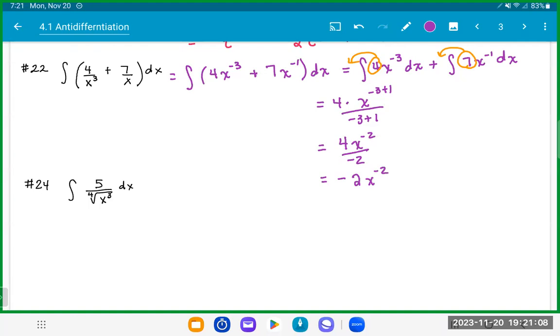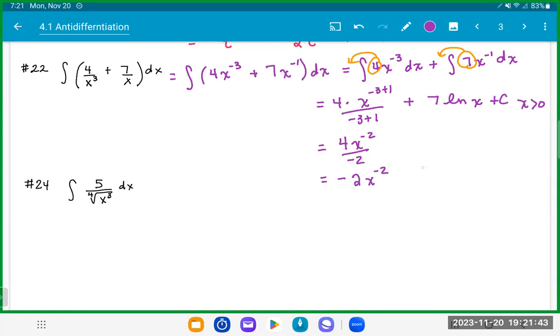Okay, now let's work the other piece of the integral. So we have plus, we have that 7 that we've brought out. And what is the antiderivative of x to the negative 1? In this case, that is the ln of x. And we can either put the absolute value signs on it, or we can say that x is greater than 0. But let's not forget we have to include that plus c out there.